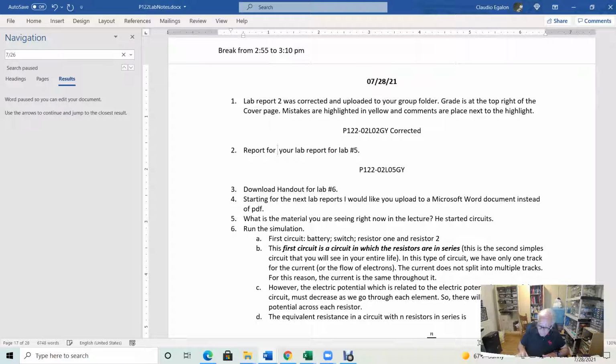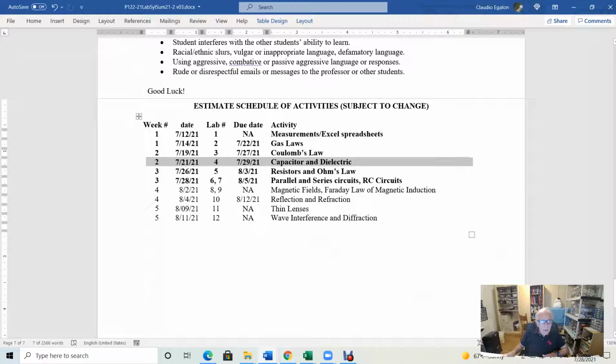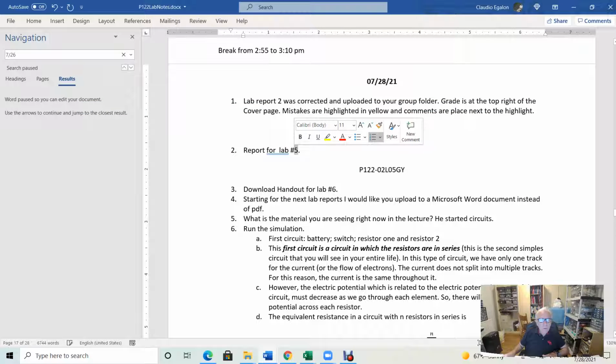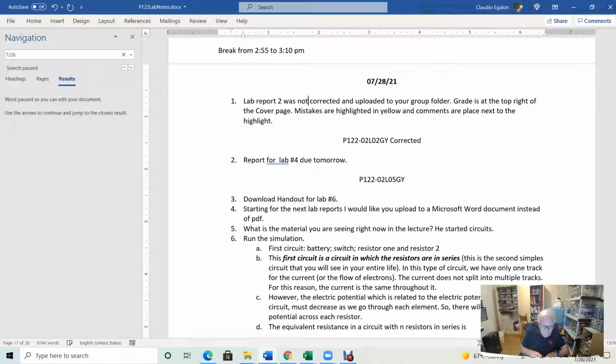Lab 4 due tomorrow. The lab was not corrected yet. Those are my notes of last semester.